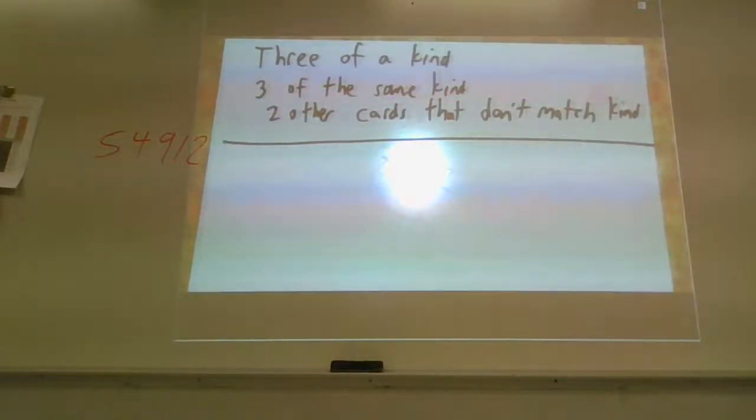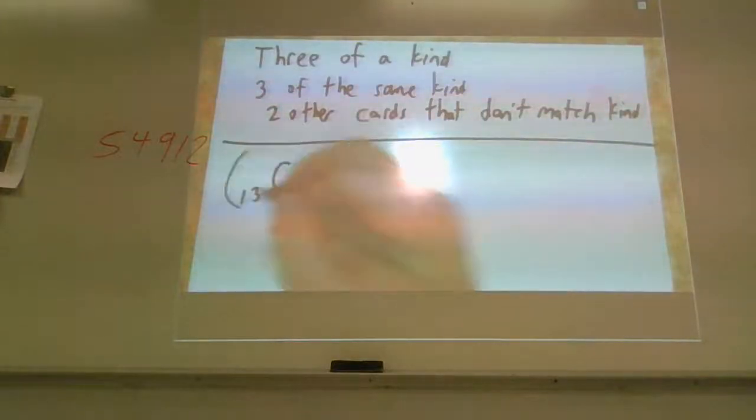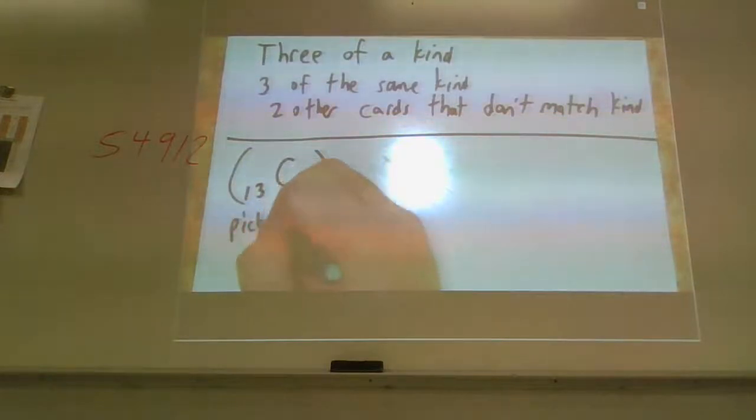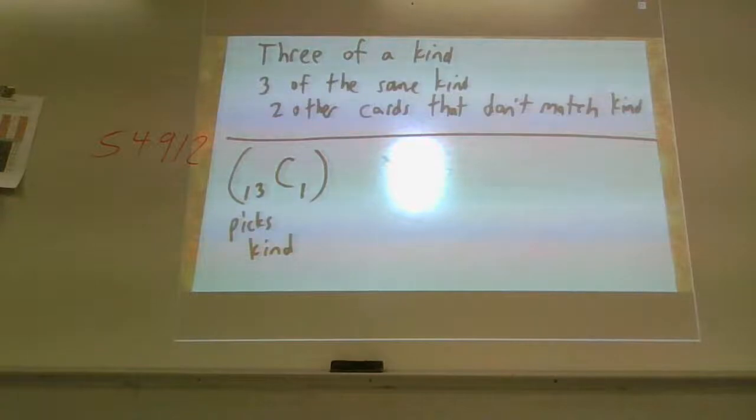There are 13 kinds: 2, 3, 4, 5, 6, 7, 8, 9, 10, jack, queen, king, ace. So if you have 3 of a kind, this combination right here picks the kind. It picks the kind of card that you're going to have in that 3 of a kind.